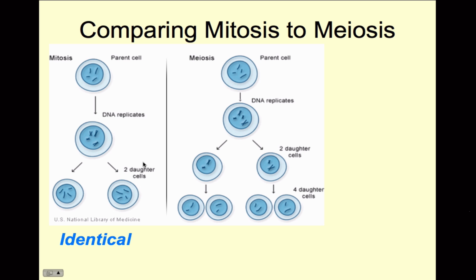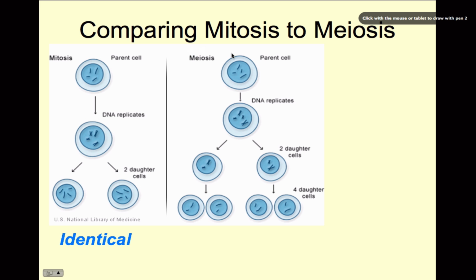So if this parent cell that we started out with is a lung cell, these 2 daughter cells are identical lung cells. Kind of makes sense. If we have a lung cell that is damaged or needs to be replaced, we would like to replace it with a couple of lung cells, right?